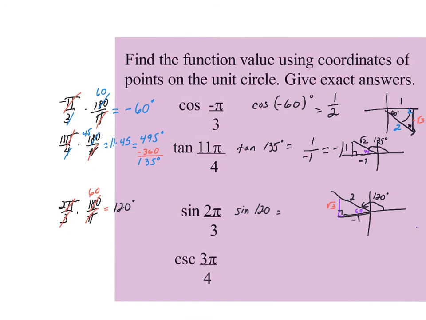And I'm going to get sine, which is opposite over hypotenuse. All Students Take Calculus. Students is in quadrant 2, so sine in quadrant 2 is positive.